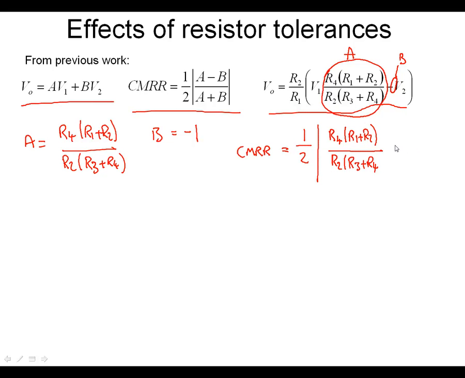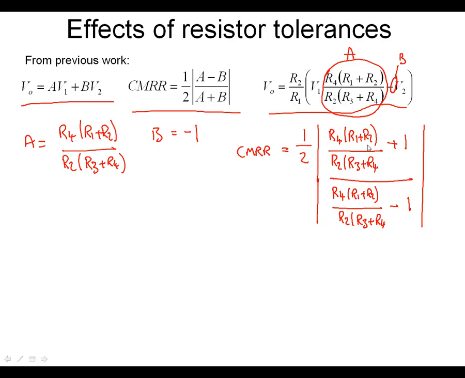Okay, and we have -B, and B is -1, so we have +1, all divided by, and now we put our A term again, R4, R1 plus R2, all divided by R2, R3 plus R4. Okay, let's just expand that term, and now we've got +B, and B is -1, so -1 goes down here. So there's our new expression for common mode rejection ratio.